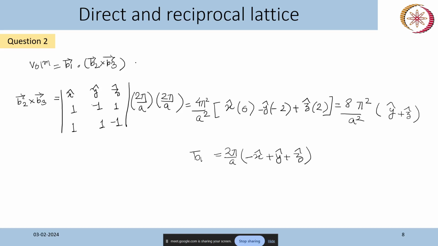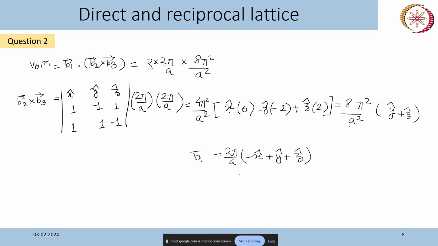So the volume will be the dot product of these two vectors, so that will be 2 into 2 pi by a into 8 pi square by a square.